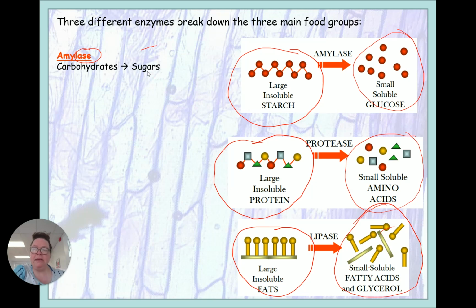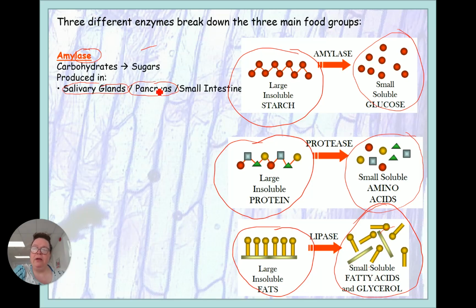Now, where does this happen? So amylase is produced or made in the salivary glands and the pancreas. So there's two places where carbohydrates are going to be broken down. And the salivary glands obviously secrete the saliva into the mouth. That's got amylase in it.